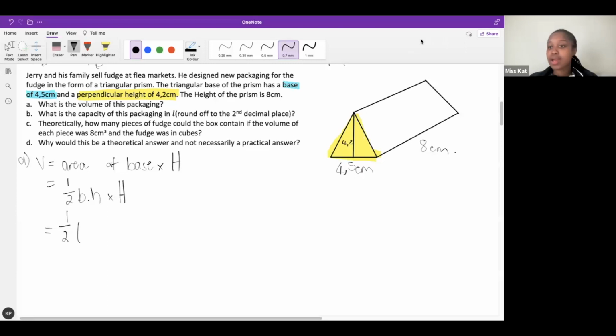There we go, 4,5. What's the height of my triangle? 4,2. Nice, guys. And then big height is the height of the whole prism. What's the height of the whole prism? 8. Now let's whip out our calculators and tell me what is a half times 4,5 times 4,2 times 8.